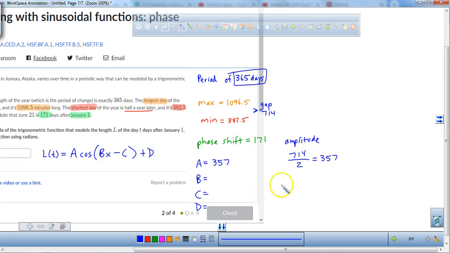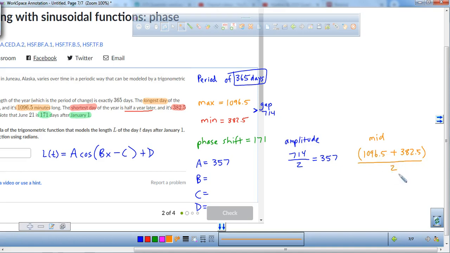Next thing we're going to do is take a look at our midline. To find our midline, I'm just going to put MID. What we're going to do is take 1096.5, our maximum, and add our minimum. We're going to add them together, and then take half of it.